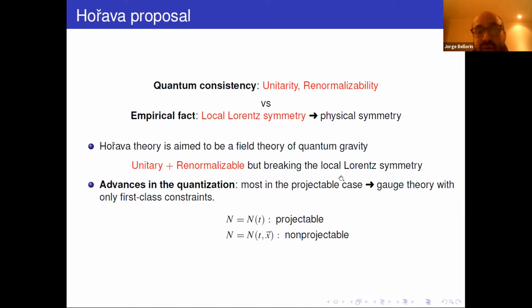I'm going to talk all the time about this important fact, the presence of the second-class constraint, and the research we do here is motivated by looking for a consistent scheme of quantization with these constraints.